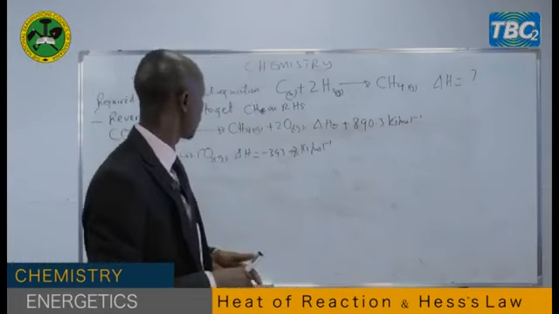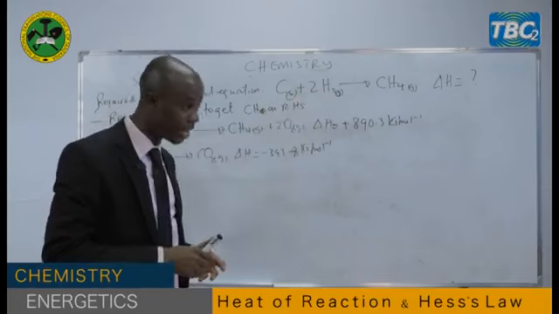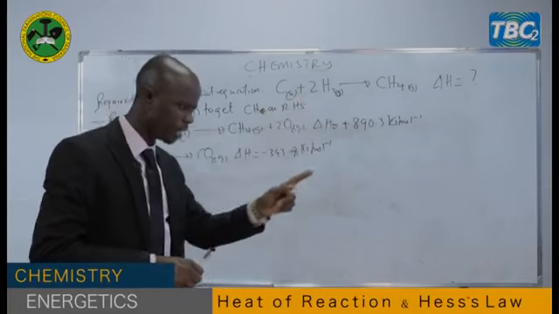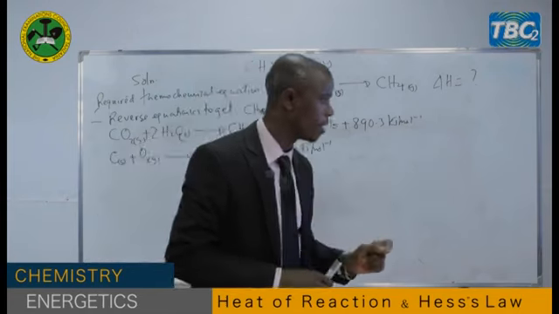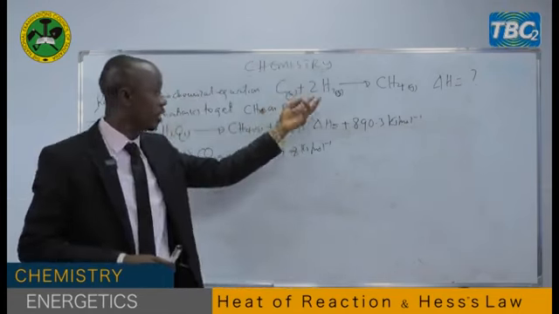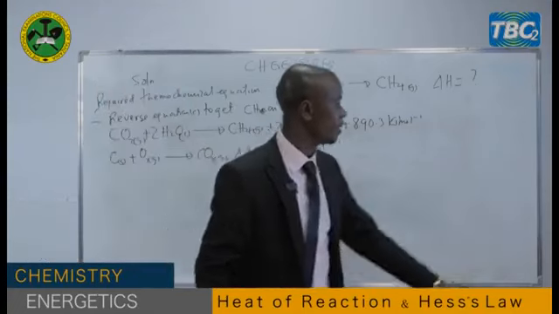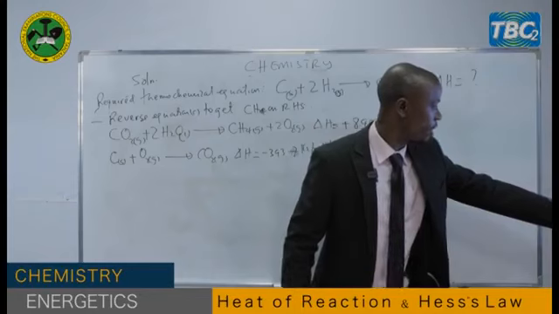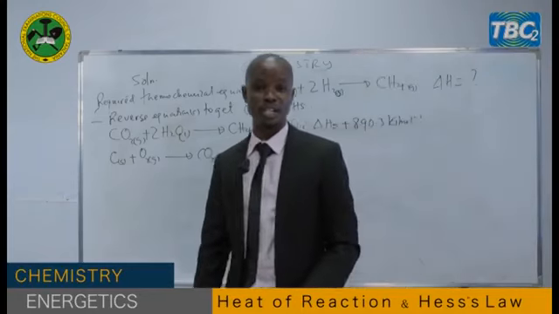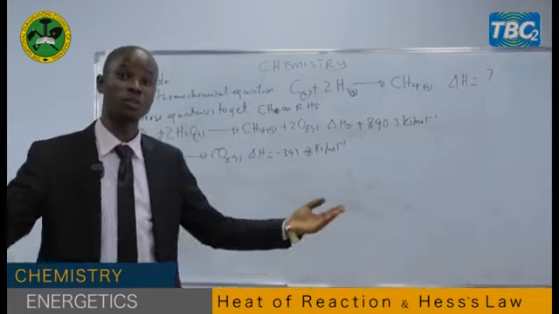Now we go to the last one. There is hydrogen. That is the remaining element. Now the remaining equation is B, and it has got hydrogen. In the required thermochemical equation, we have 2 moles of hydrogen gas. But in the thermochemical equation given, we have only 1 mole of hydrogen gas. The skill of solving that problem, what are you going to do?